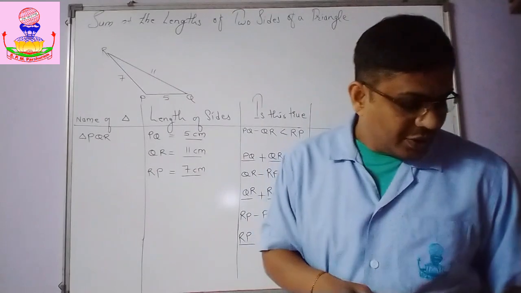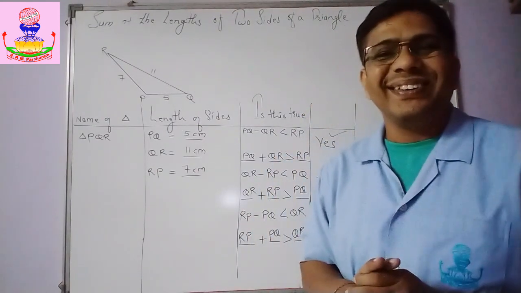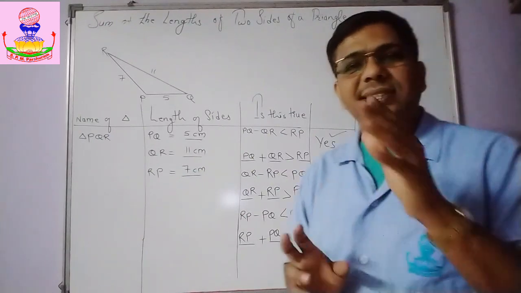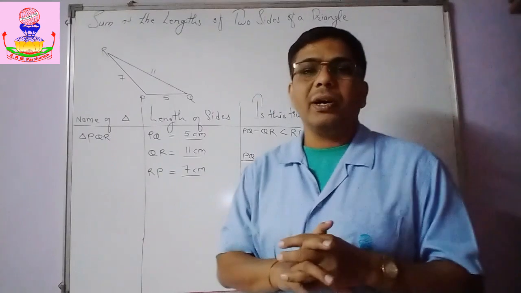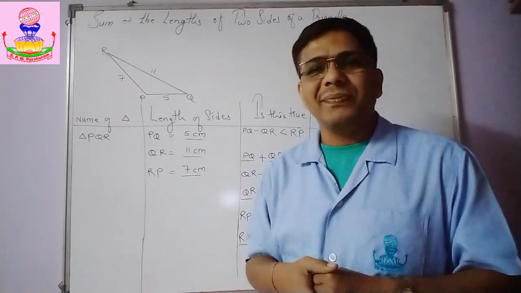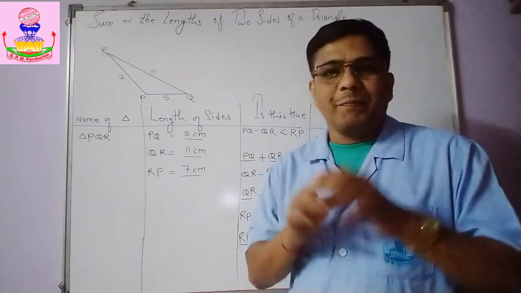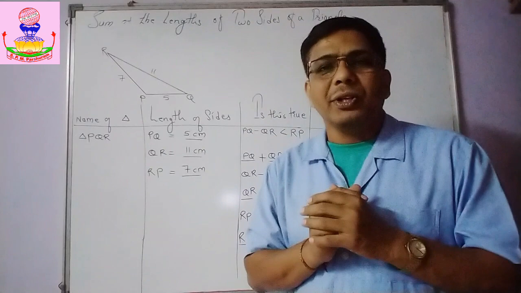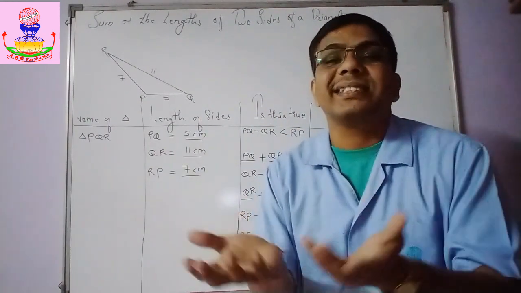Now, from this what do you conclude? To decide whether a triangle is possible or not from the given lengths of the sides, what is sufficient? Sum of the two sides is always greater than the third side. This property is sufficient to decide from the given lengths whether we can construct a triangle or not.